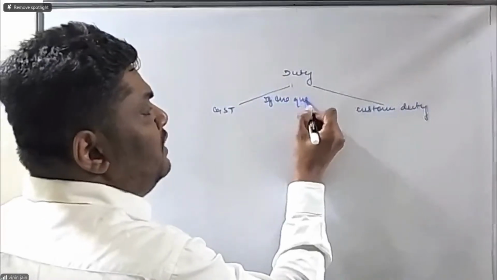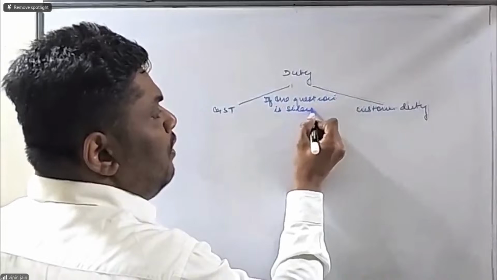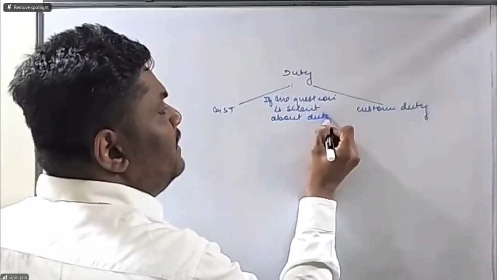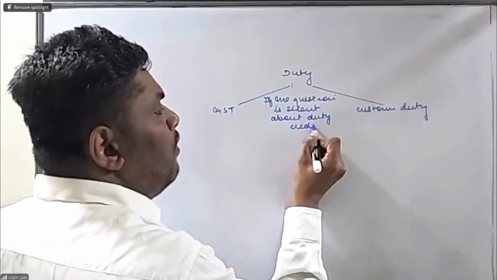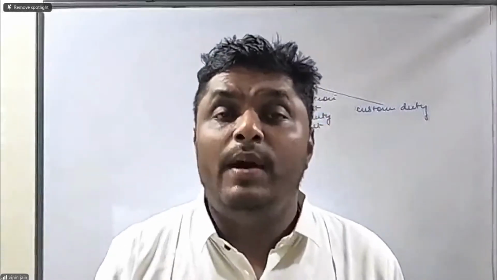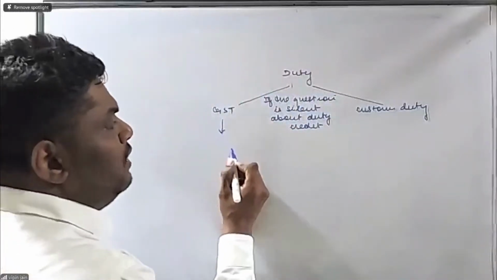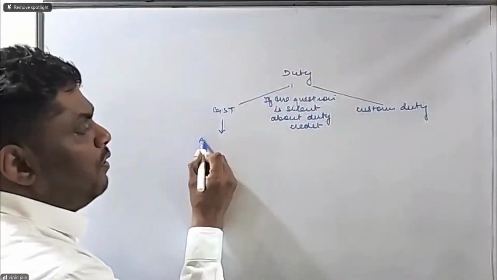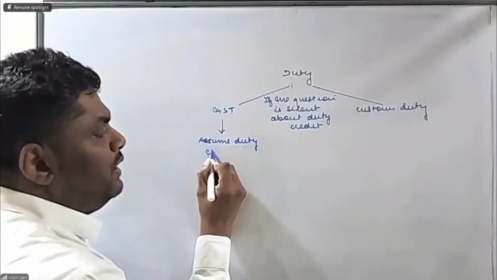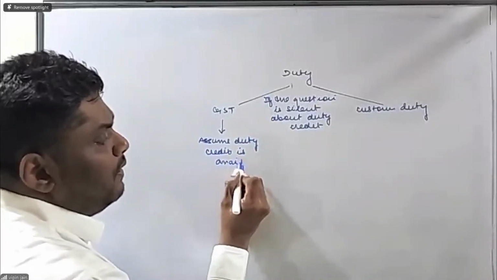If the question is silent about duty credit, what if the question is silent about the availability of duty credit? In case of GST, you have to assume duty credit is available.